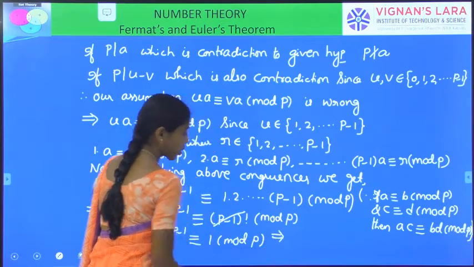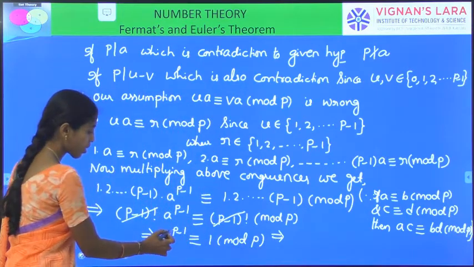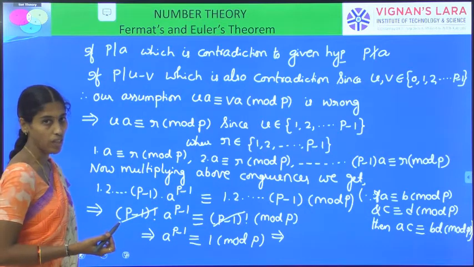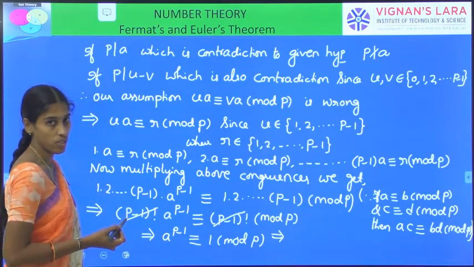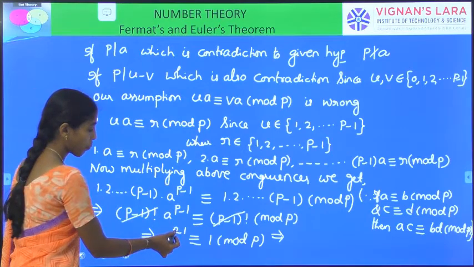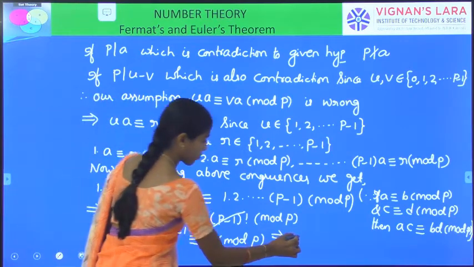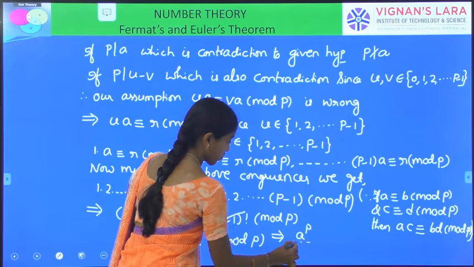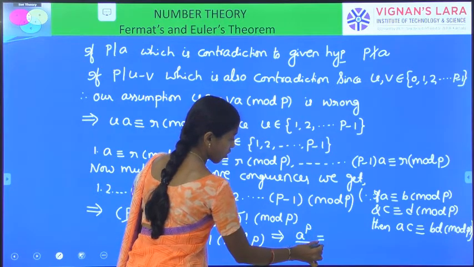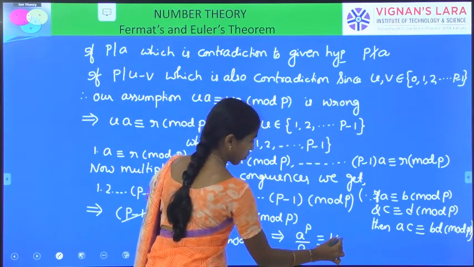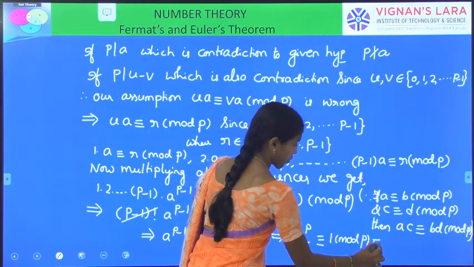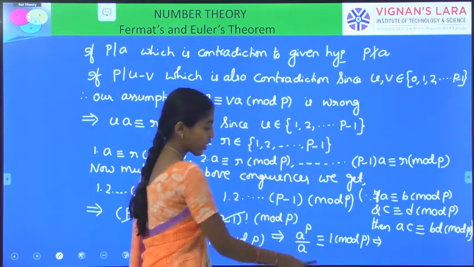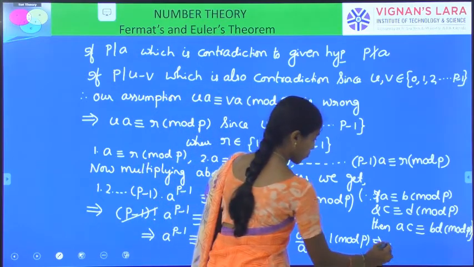The same thing can be written as, here this A power P minus 1 can be written as A power P into A inverse. Otherwise, A power P by A, which is congruent to 1 modulo P. So take this A to the other side.